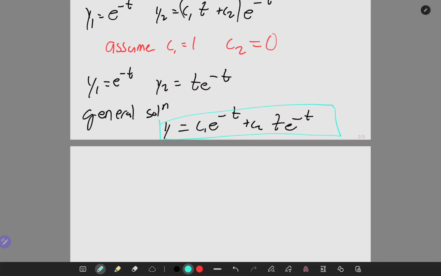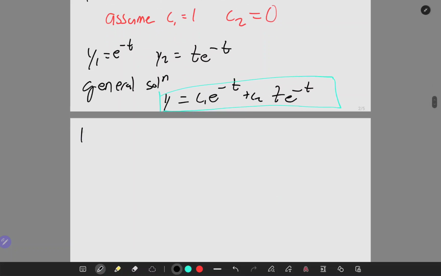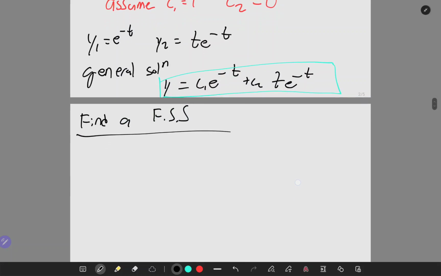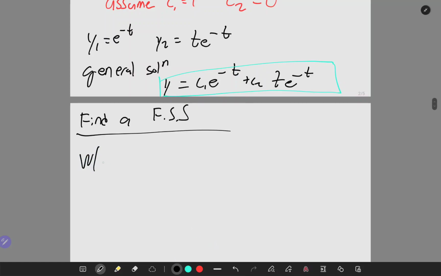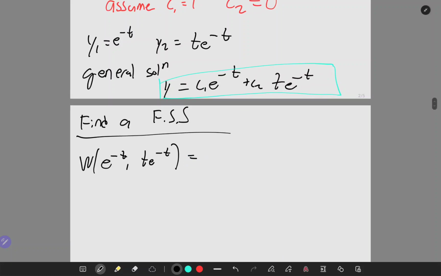But now what if it asks to find a fundamental set of solutions? Well, we have our y1, y2, so we just take the Wronskian of those two. Right? The Wronskian, if you remember from the fundamental set of solutions section on my video, it's the determinant of e to the negative t, t e to the negative t, and their first derivatives.